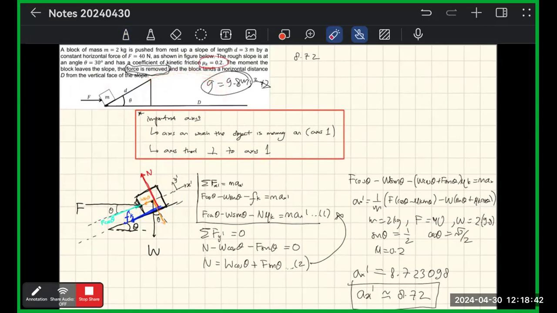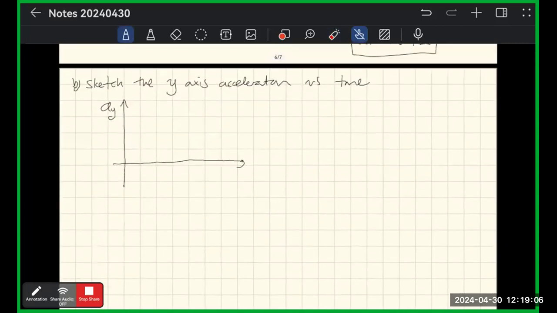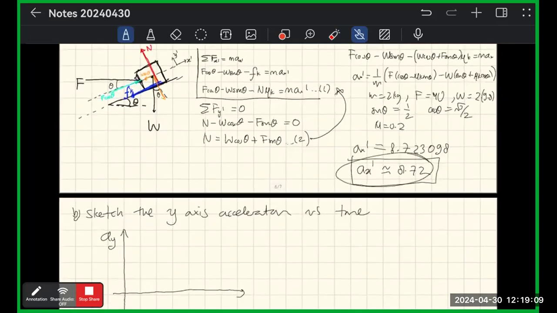And what happens when they're doing free fall? The acceleration is 9.8, obviously. The only force that affects you is the gravity force, the weight, but it's downward.